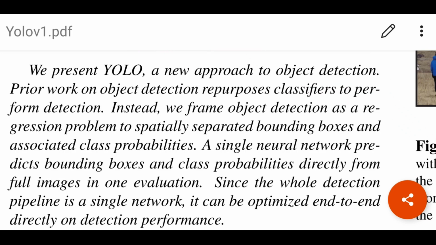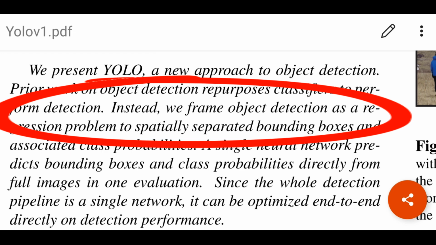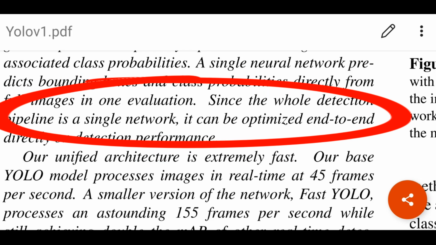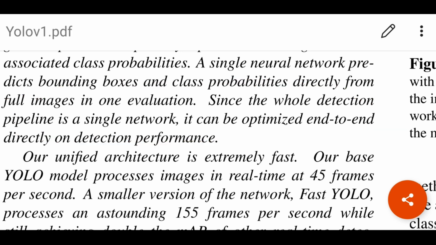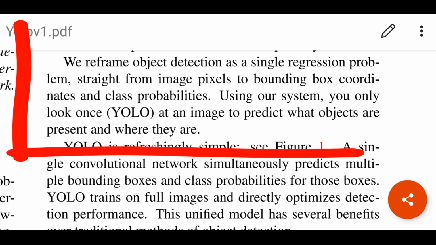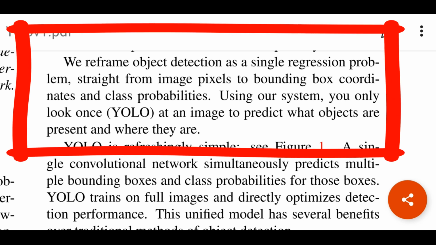Instead, we frame object detection as a regression problem to spatially separated bounding boxes and associated class probabilities. They don't do bag of words to train the convolutional neural network. The convolutional neural network learns from the whole image. So they change the detection system into a regression problem.